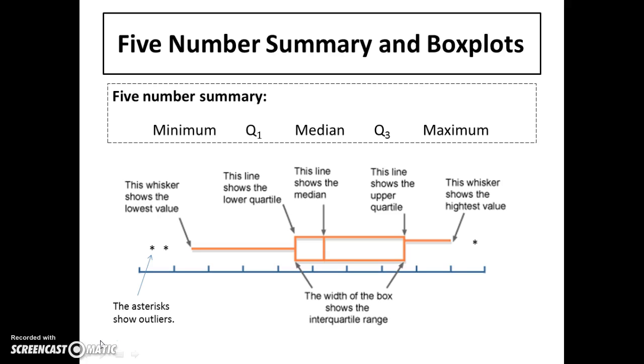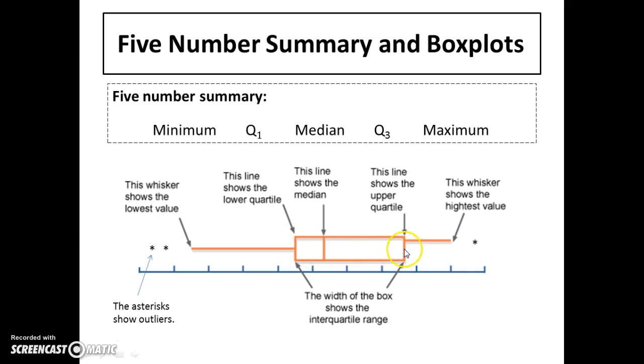And we can represent a 5-number summary graphically in what's called a box plot, or a box and whisker plot. What a box and whisker plot does is it makes a box from the first quartile to the third quartile and marks out the median in the middle. So the width of the box shows the interquartile range.